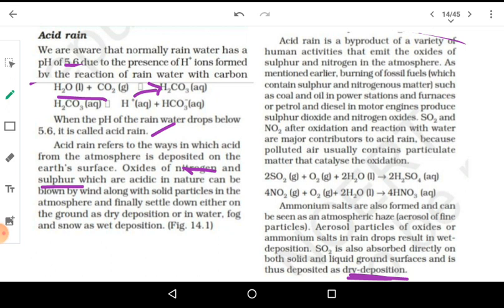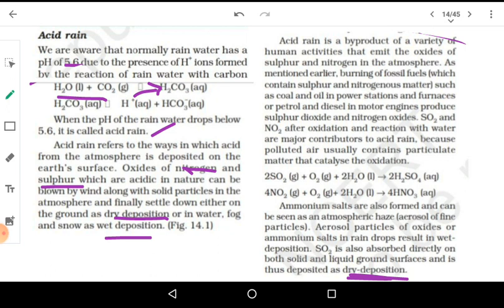It can settle on the ground as dry deposition, that is, dry oxides of sulfur and nitrogen. Or it can be precipitated down in the form of water, fog or snow, then it is known as wet deposition. So this point is important: what is dry deposition and what is wet deposition.